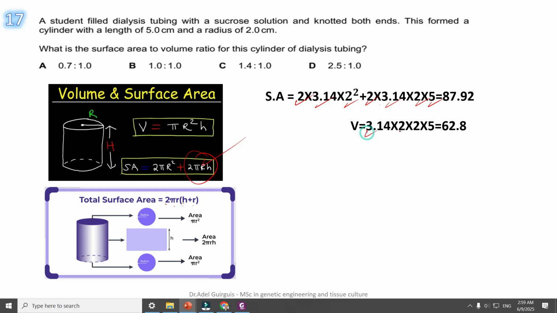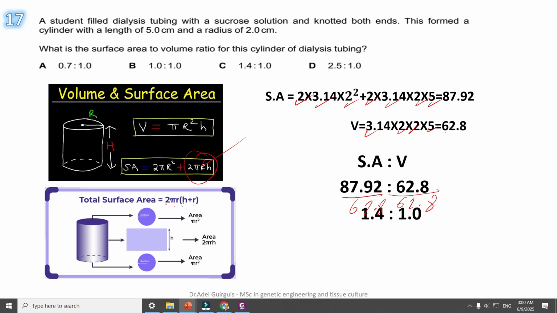Pi r squared times h, so it equals 62.8. The surface area to volume ratio equals these two figures. To simplify both, divide by the smallest, I mean divide by 62.8, to obtain this figure: 1.421. So the answer is C.